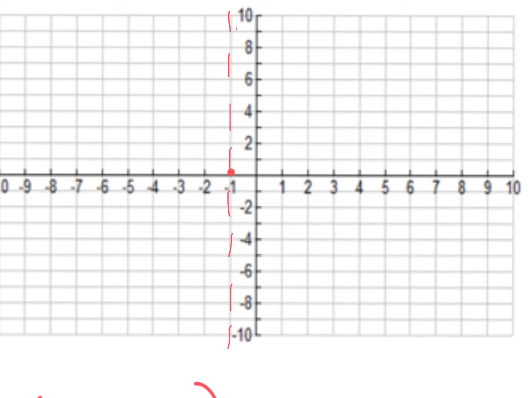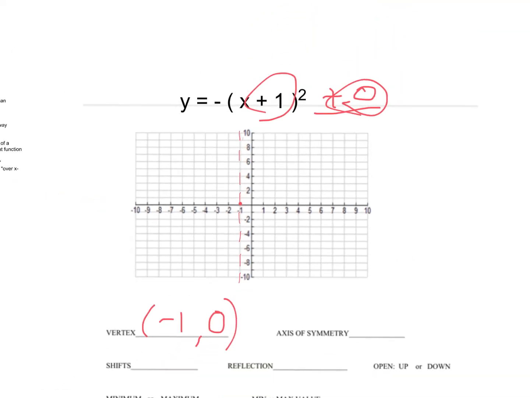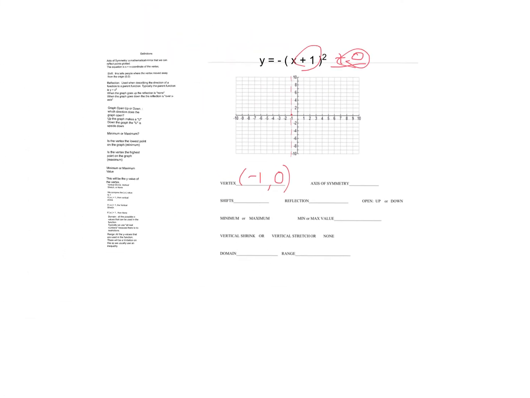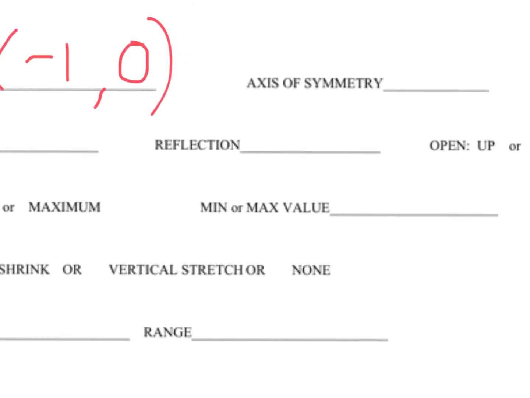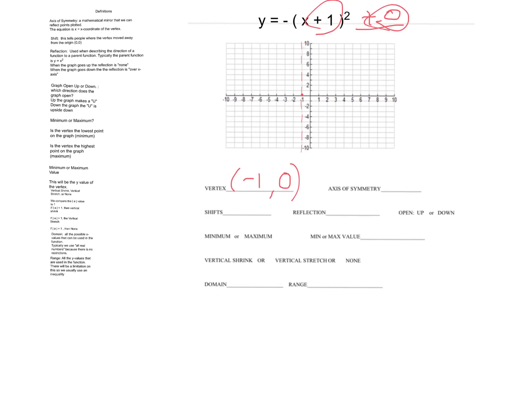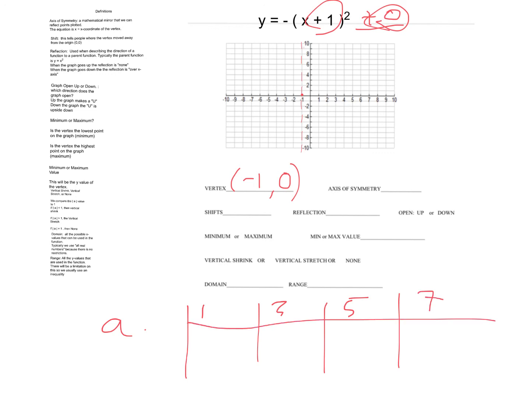Alright, so now we have our axis of symmetry, we have our vertex. So now from here, let's get our movement. We're going to go a times our 1, 3, 5, 7, right 1, right 1, right 1, right 1.